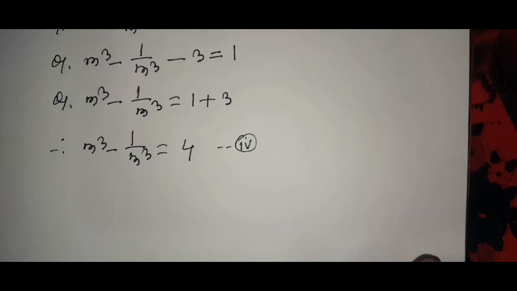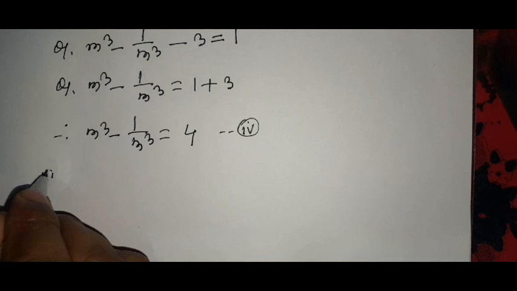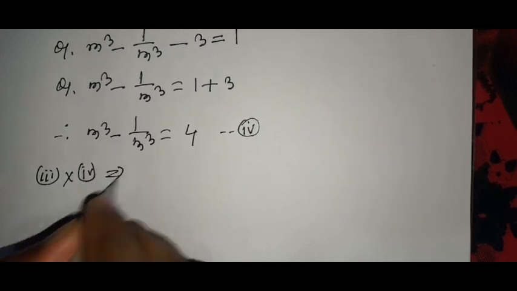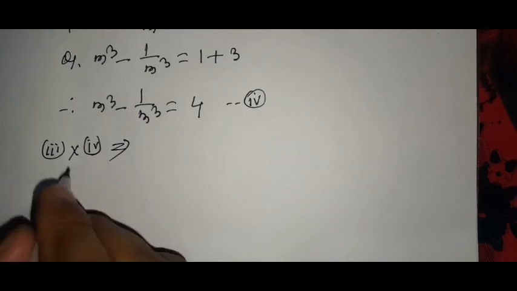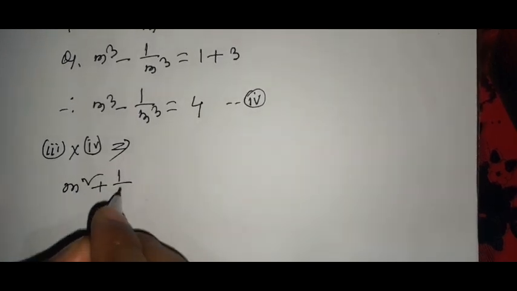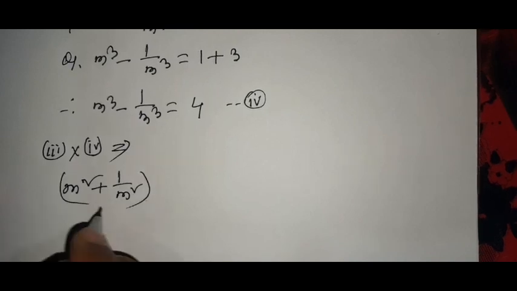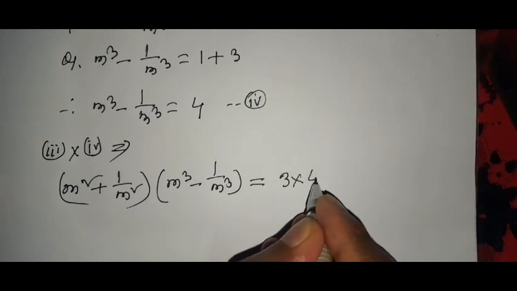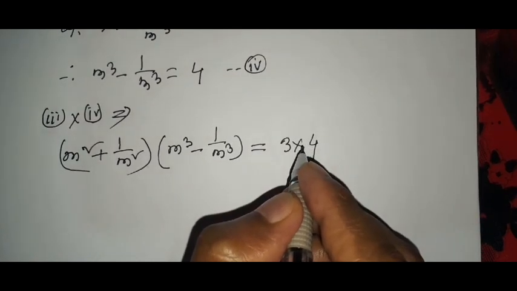Now multiply equation number 3 by 4. We can write here (m² + 1/m²)(m³ − 1/m³) is equal to 3 × 4.